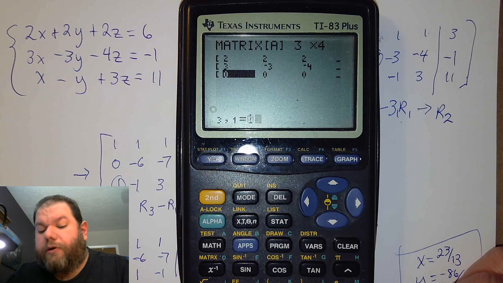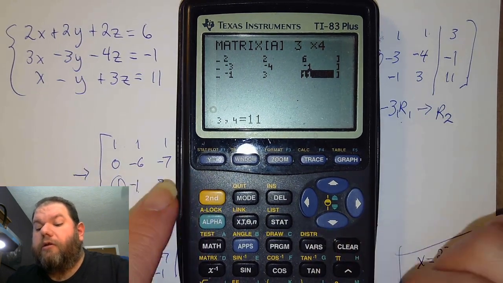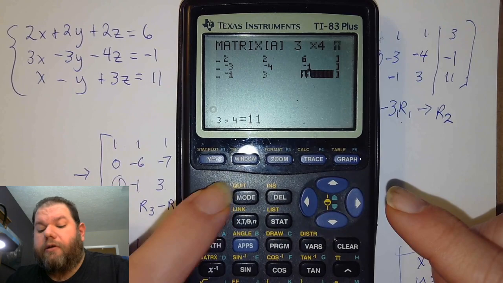And third row is 1, negative 1, 3, and 11. So we got everything entered in.